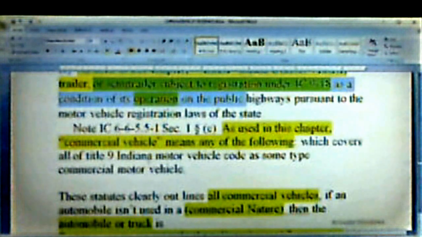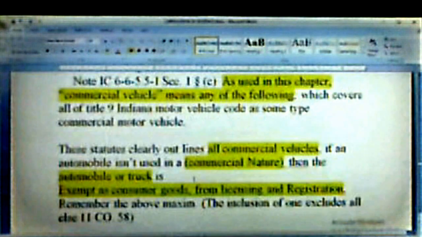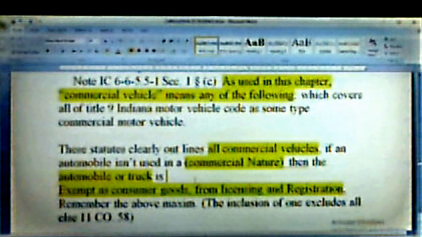Now it says, note, IC 66-5.5, section 1, subsection C. Says, as used in this chapter, commercial vehicle means any of the following. Okay, this covers all of Title IX. We've seen that. They were quoting the sections of Title IX, telling you what cars were required to be registered. Okay, it says these statutes clearly outline all commercial vehicles.